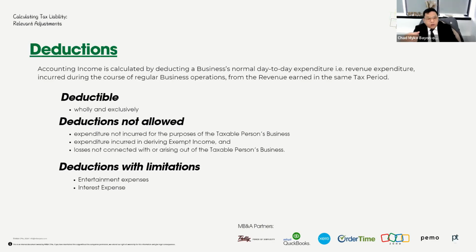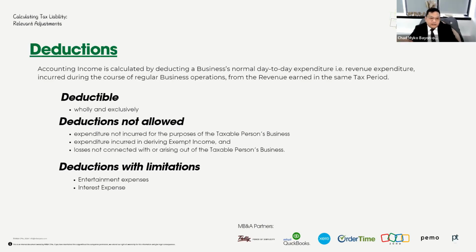Question: what if the expense is not wholly and exclusively incurred for the purpose of business? For example, we have the travel expenses of the managing director. Part of their travel expenses, they have made some business meetings and all of those, and then there is another side transaction that has been done by the managing director where he was bringing the family as well for personal purposes.